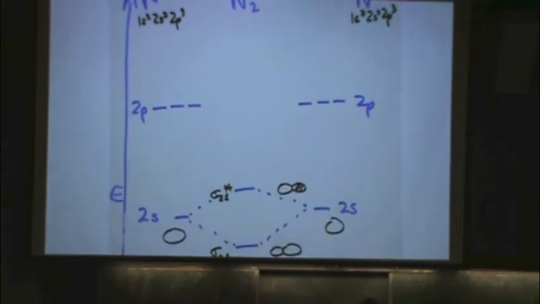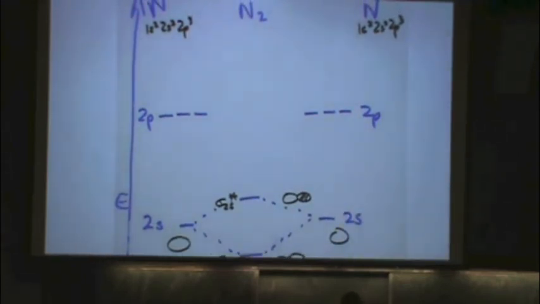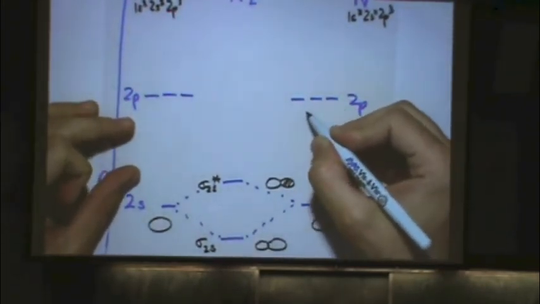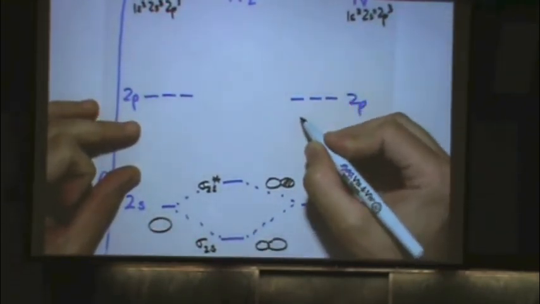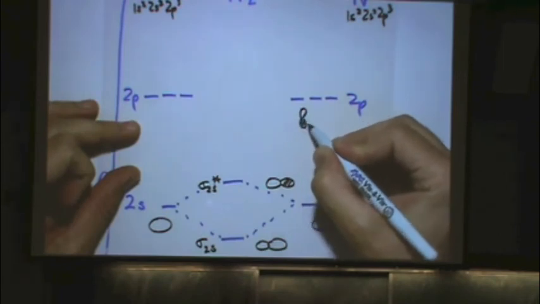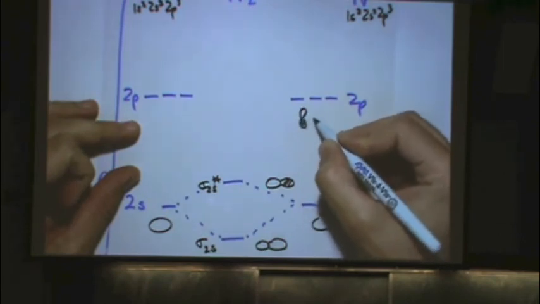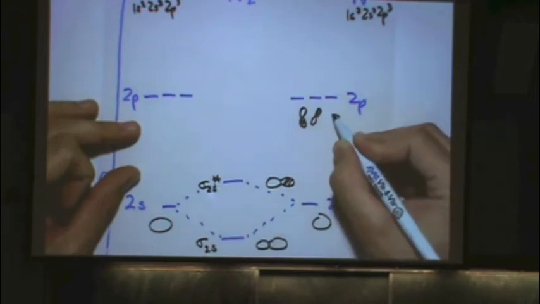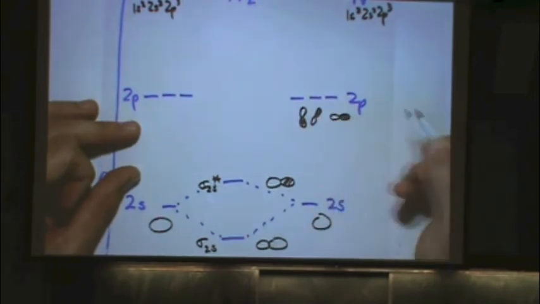Okay. Now, the 2p orbitals make their diagram look different because the 2p orbitals are not spheres. There's these two-leaf clovers that look, one looks like this, another one is the same but going forward and backward in the page, and then there's one that goes left and right, like that.